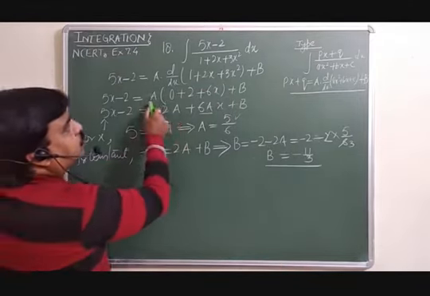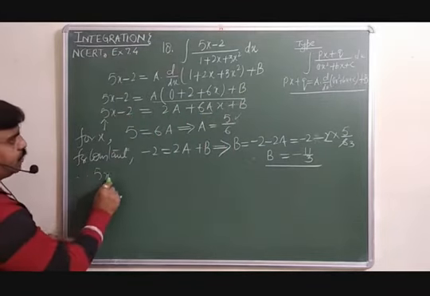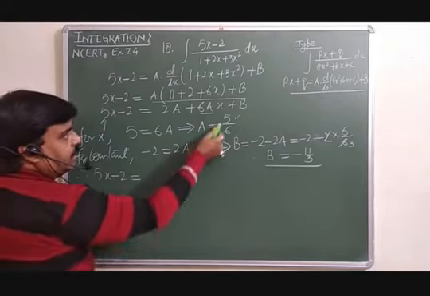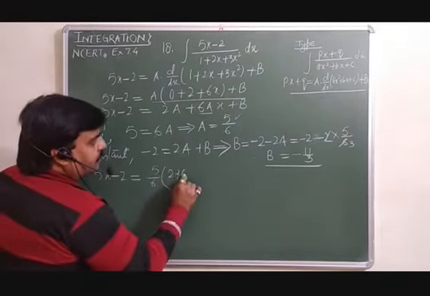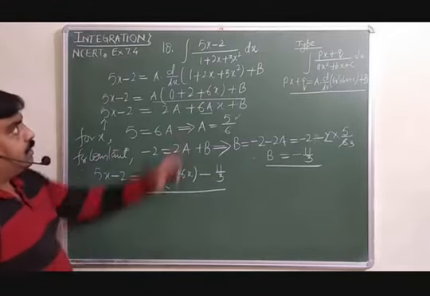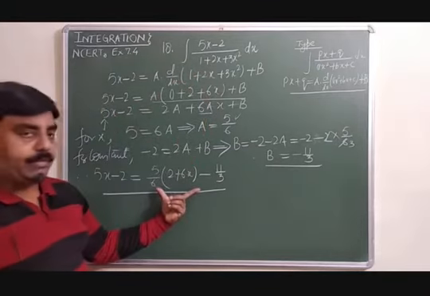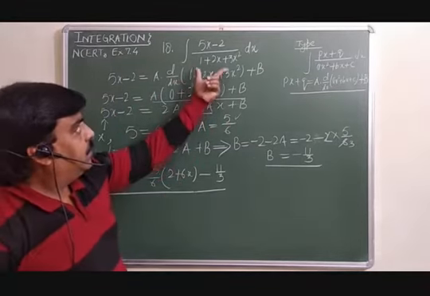Therefore 5x minus 2 is equal to a, that is 5 by 6, into 2 plus 6x, plus b, which is minus 11 over 3. So this numerator can be replaced by this one, in which one part will be the derivative of this denominator.